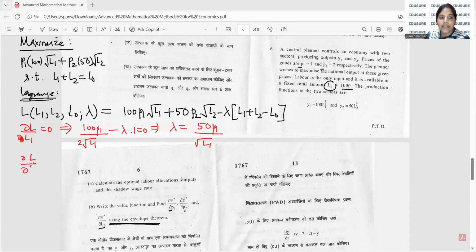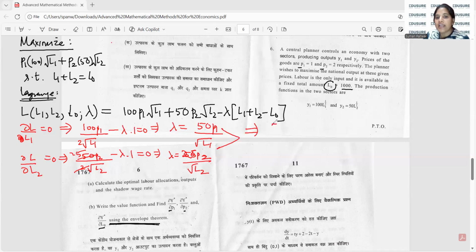Now del L by del L2 is equal to 0. Del means partial derivative. So 50 P2 divided by 2 root L2 minus lambda into 1 is equal to 0. This implies lambda is equal to 25 P2 divided by root L2, because I cancel 2.